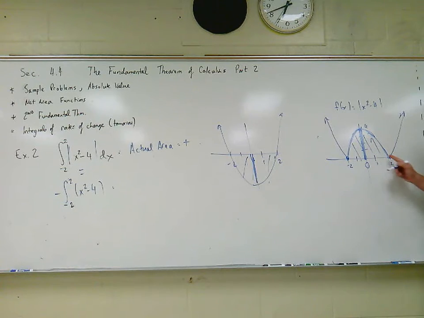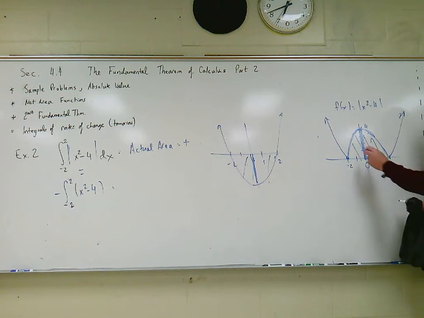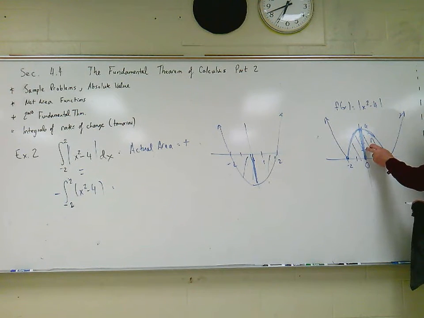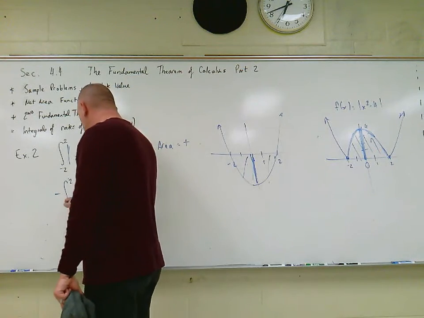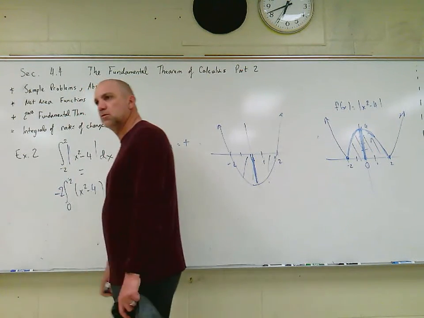What do you notice from 0 to 2 in regards to negative 2 to 0? They're equivalent. So this half and this half are the same. So what if I only did this half and did what to my answer? Double. I would do that. I would go 0 to 2, but double my answer.